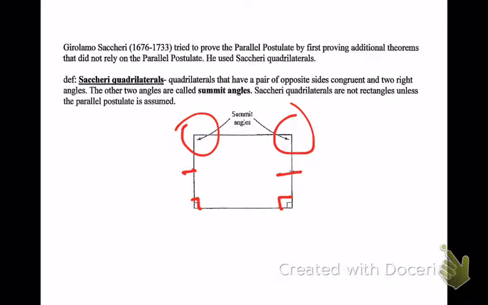Now in Euclidean geometry, we know those 2 would have to be right angles. It'd have to make a rectangle. But Saccheri quadrilaterals are not rectangles unless the parallel postulate is assumed. So in this, we don't know that those are right angles. They're not going to be. Now we'll come back to these, and we'll see where this applies.